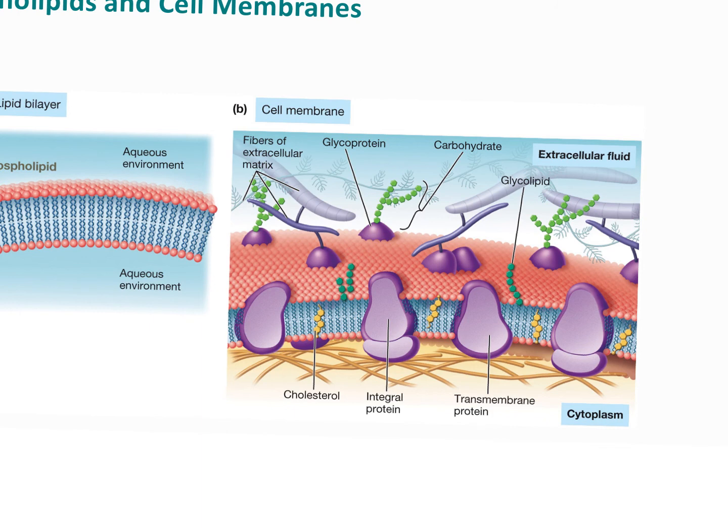Then we have hydrophilic molecules like carbohydrates, like your ABO blood markers, which are hanging out on the surface. You can also have glycolipids, which are lipids with some carbohydrates associated with them. There are integral proteins and transmembrane proteins that stretch from one side of the cell membrane to the other.